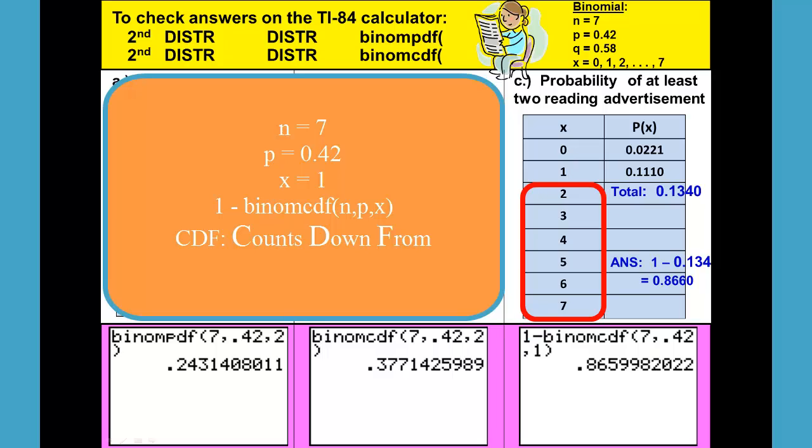So we will do 1 minus the binomial CDF, then parentheses 7 for N, 0.42 for our P, and then 1 because we're subtracting the part that's not included, and that's the 1 and the 0, and it counts down 1 and 0 in the CDF. That still gives us the answer of 0.86599, which rounds to match the answer that we got.